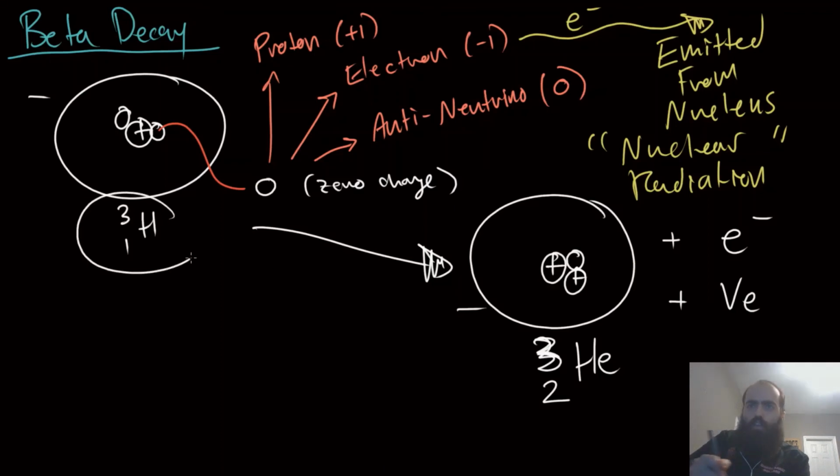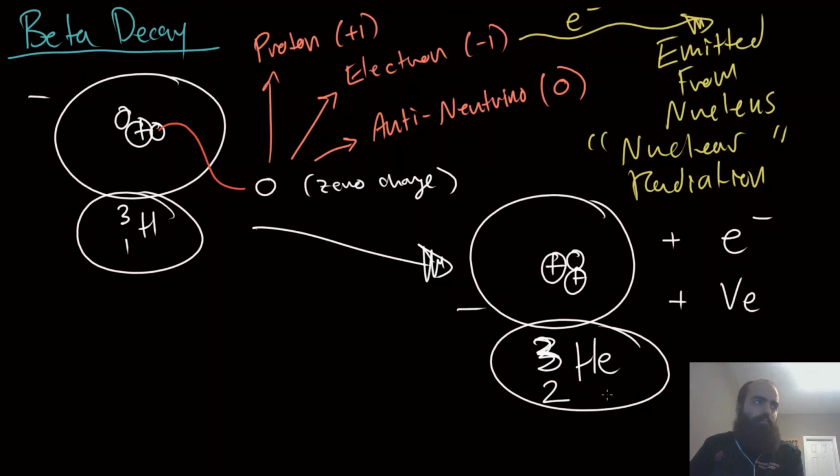You started with hydrogen, and you've ended up with helium. So that's something very interesting as a consequence of radioactive decay, that you can actually get elements transforming from one into another, hydrogen becoming helium.